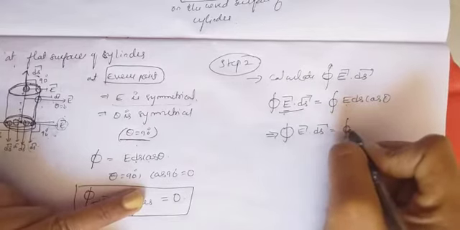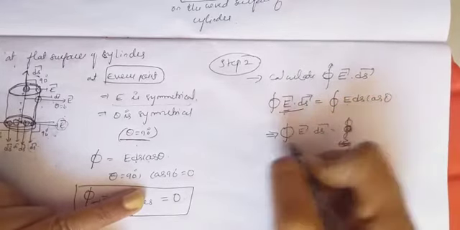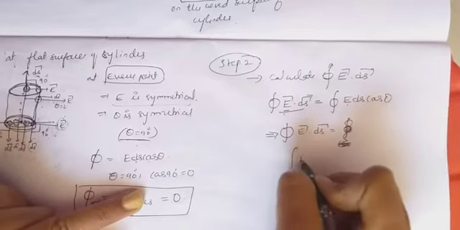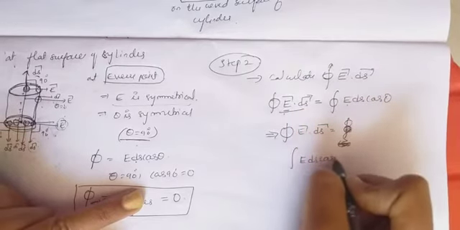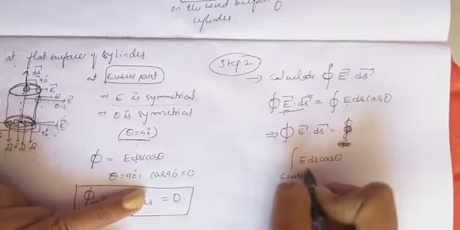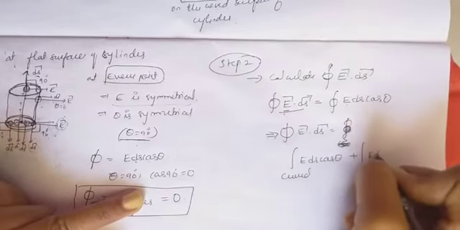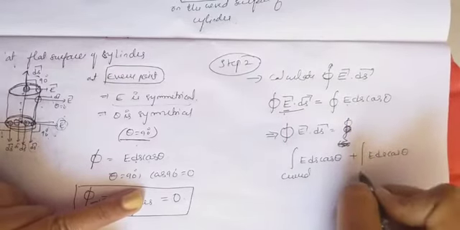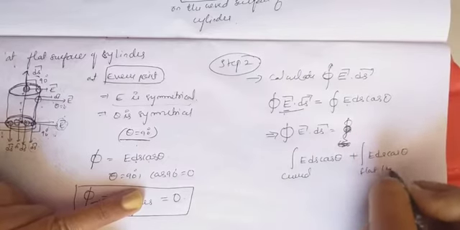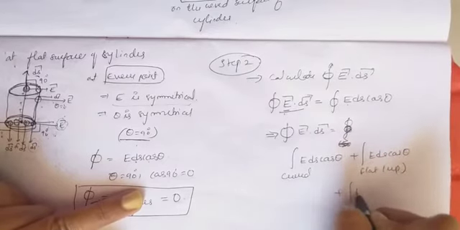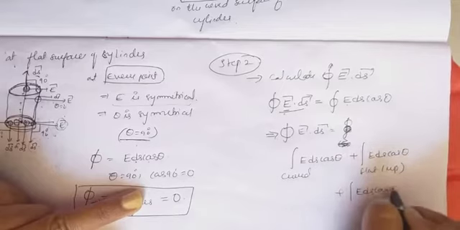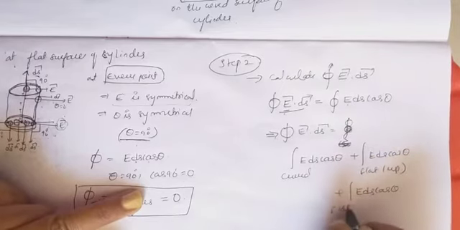Here we do not take a closed integral, we just write the integral of E dS cos theta for the curved surface. Next, E dS cos theta for the upper flat surface, and now E dS cos theta for the bottom flat surface.